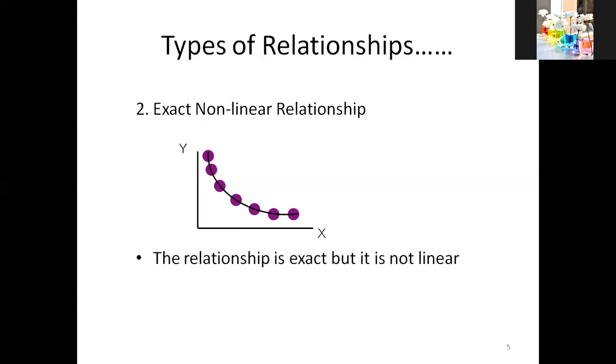For example, Boyle's law, PV equals K. This is typical, and it is also a man-made relationship. Exact linear and exact non-linear relationships are man-made relationships.